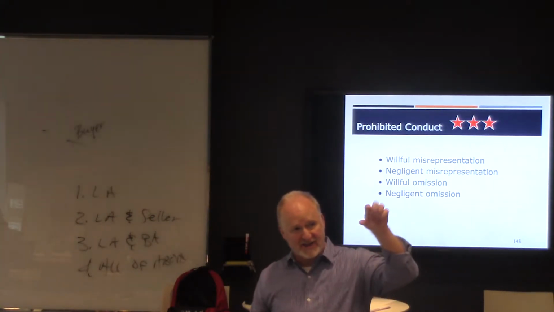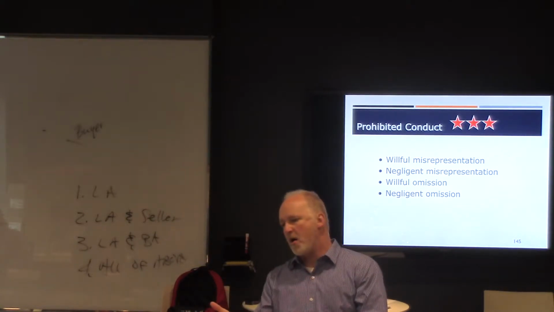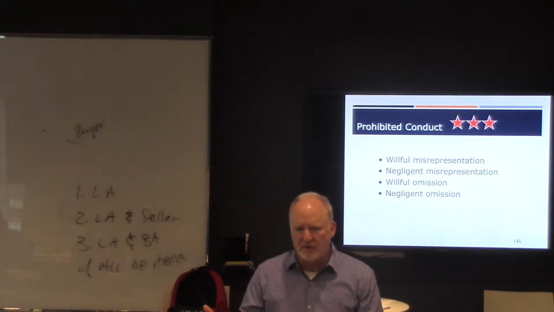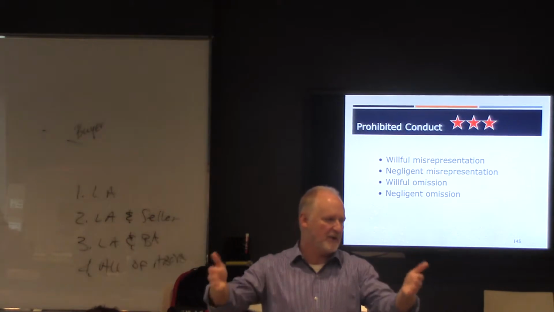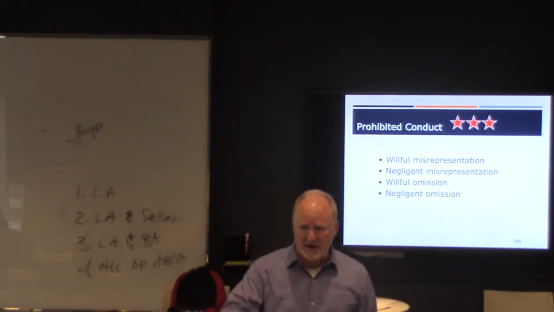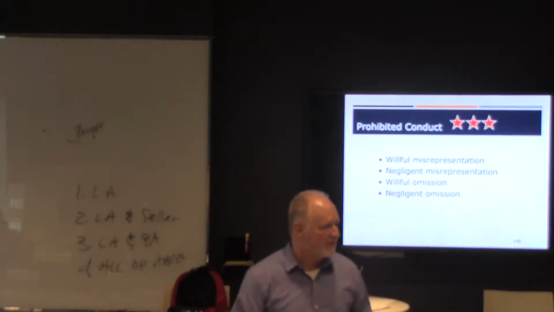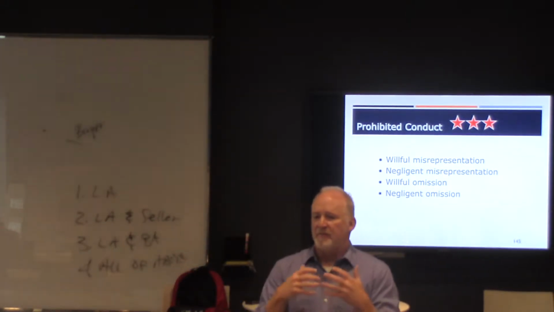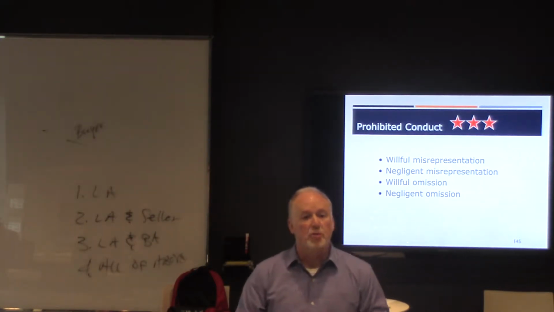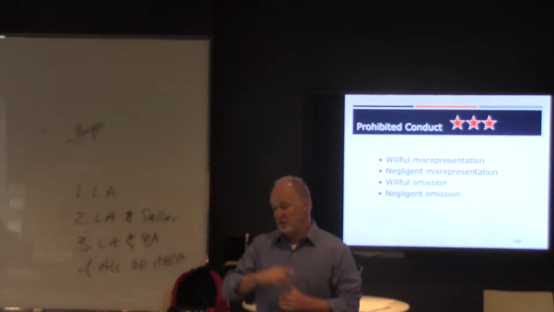The thermostat says it's set on 70, but it's 58 degrees. Come on. What much education do you need to understand there might be something wrong with the HVAC system? I don't expect you to fix it. I expect you to ask questions about it. How come it's cold in here? You might be asking that question right now. But that's what we mean. What you know, what you reasonably should have known. Negligence: you don't know, but you should have.